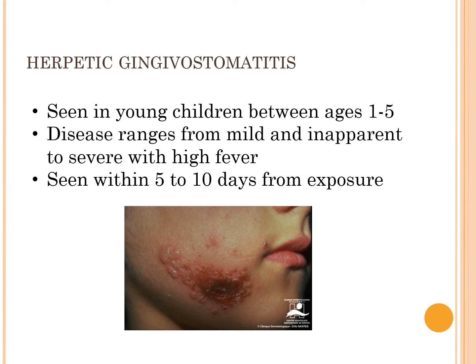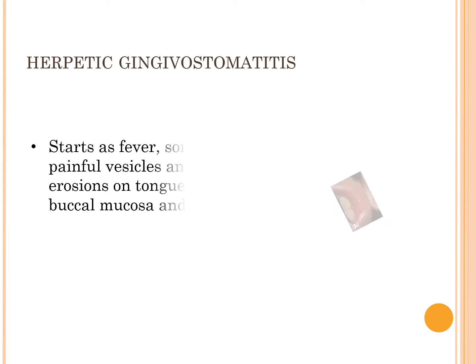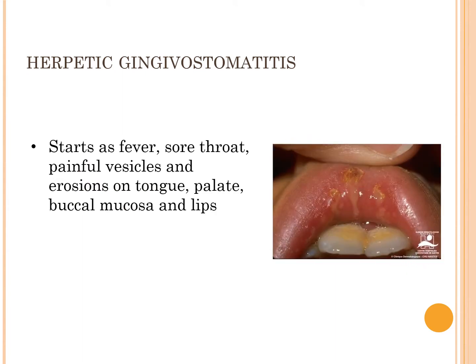The lesions of herpetic gingivostomatitis are seen within 5 to 10 days from exposure to an infected adult. It starts as fever, sore throat, painful vesicles and erosions on the tongue, palate, buccal mucosa, and lips.